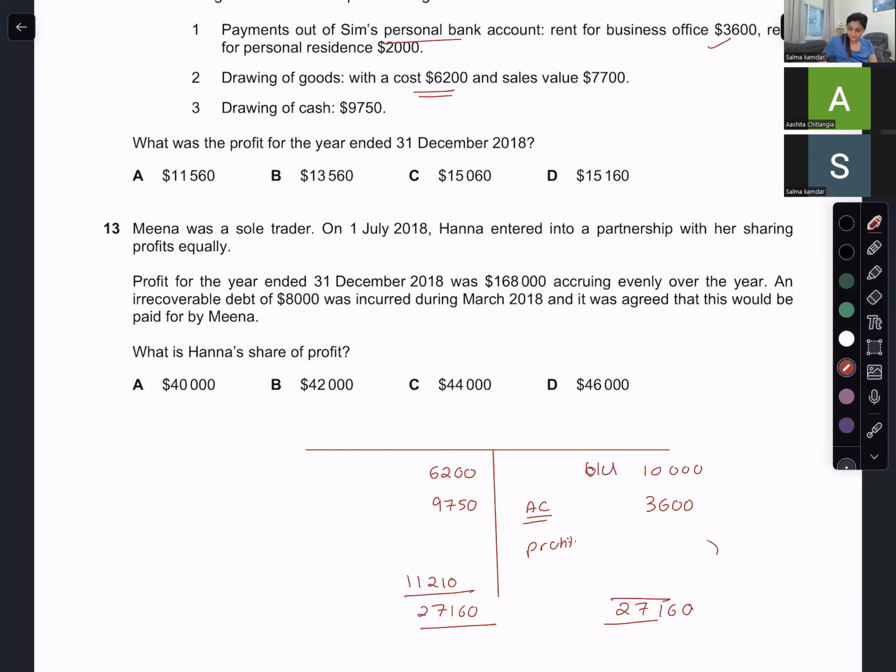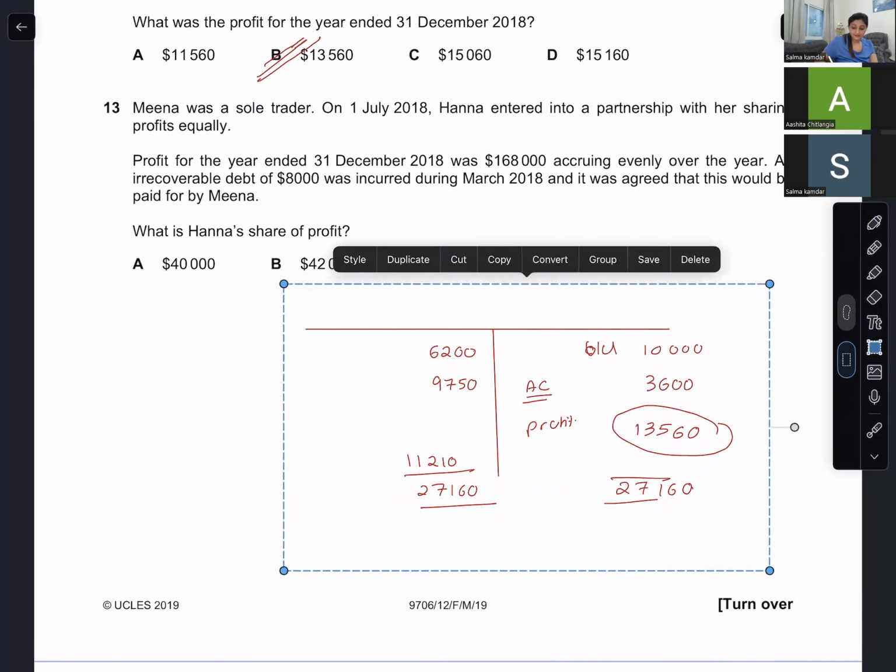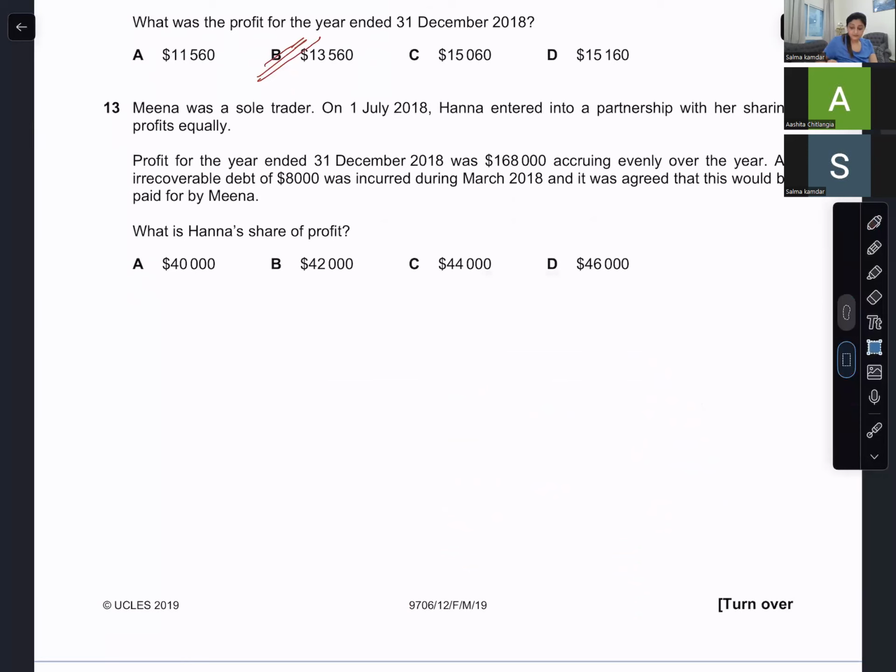How much? 13,560. B option. The difficulty was not making the capital account. Okay, go to the next one.